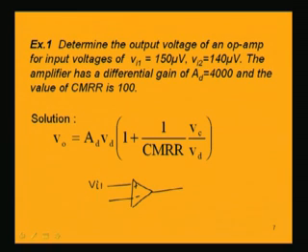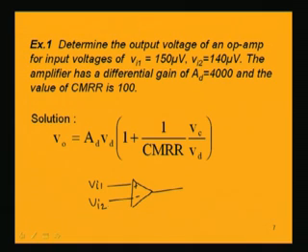This is Vi1, this is Vi2. They have the magnitudes of 150 microvolt and 140 microvolt. Now, the amplifier has a differential gain Ad 4000 and the value of the CMRR is given as 100. So, what is the output voltage that we have to find out?